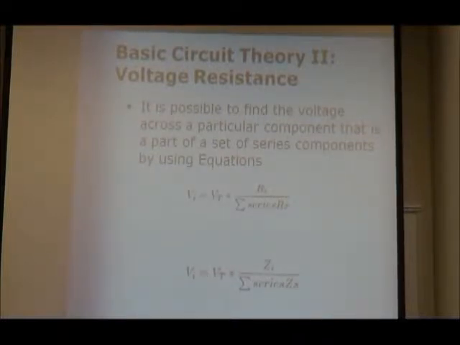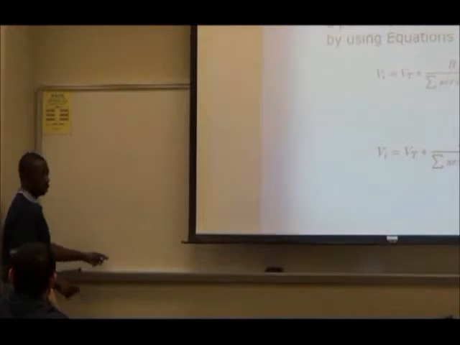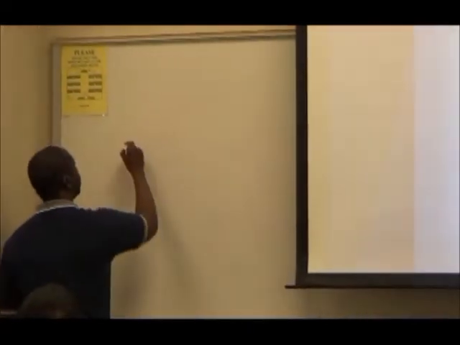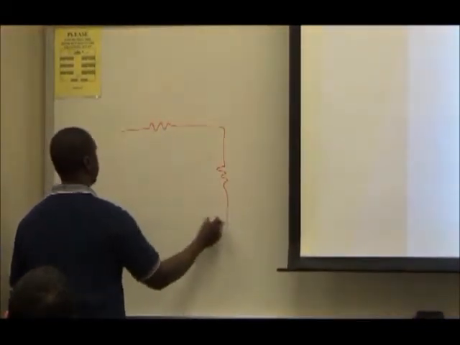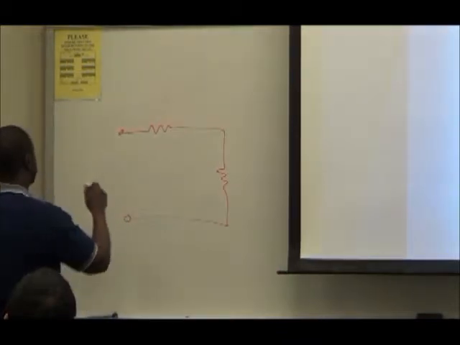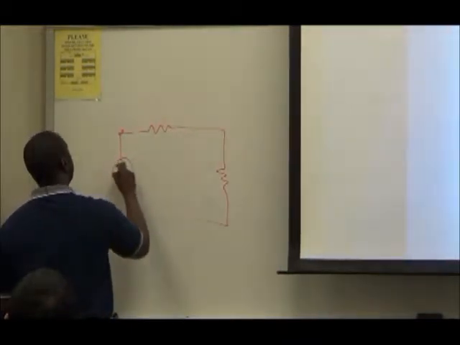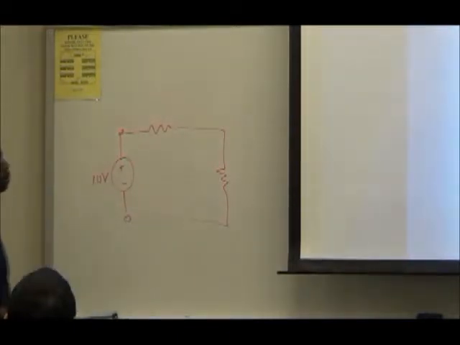So in other words, let's take a look at this. If I have this circuit here where I have this resistor, and let's make it simple, and this is being supplied by a voltage source that's, let's say, 10 volts.